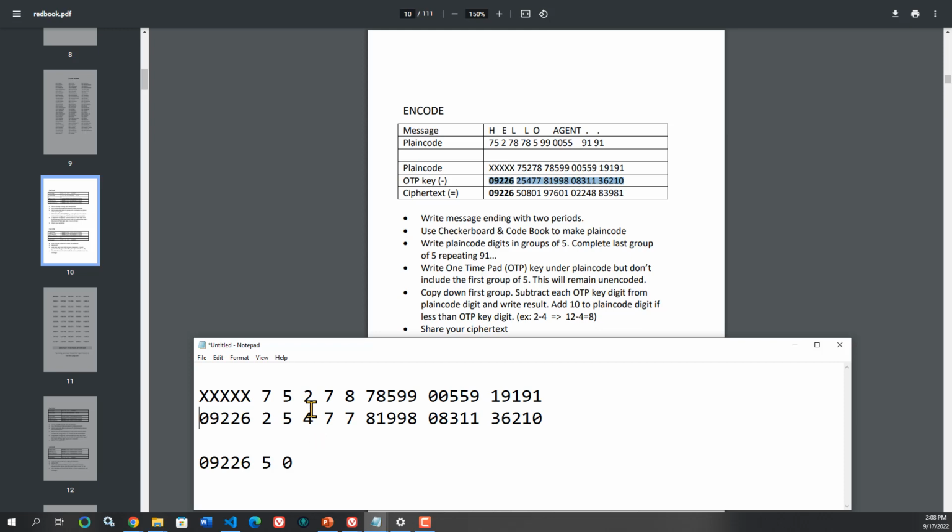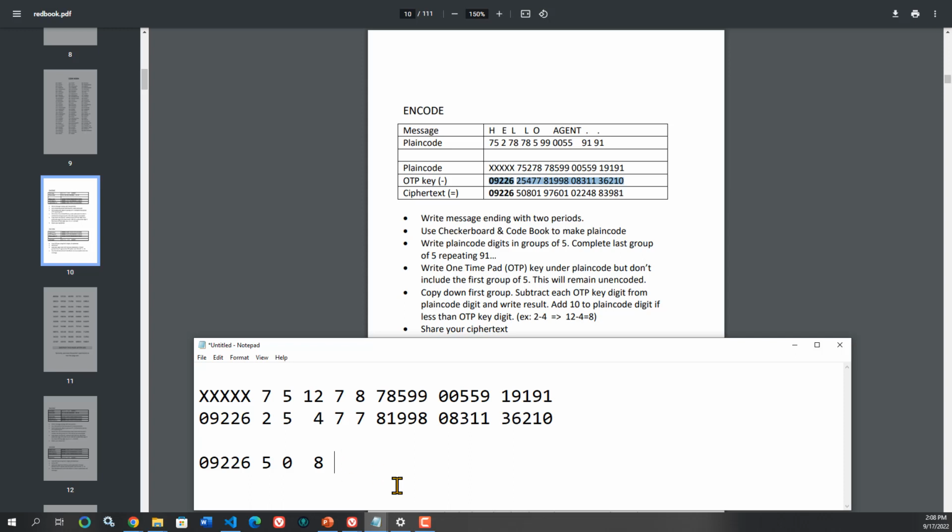So we're going to pretend we're adding a 10 to this number. Now it's 12, and 12 minus 4 is 8. So that's how we handle negative numbers. We're going to keep going down here.